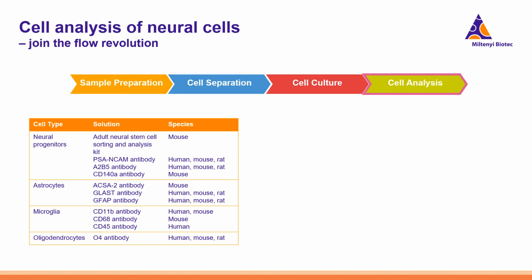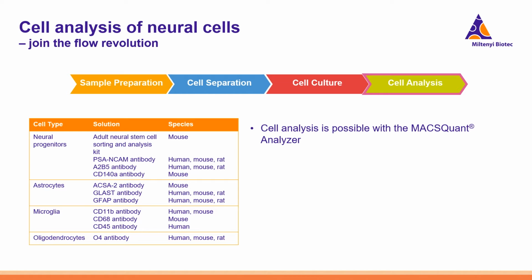And to boost your cultured cells, we offer a lot of high-quality cytokines for many different applications as well. If you then want to analyze your neural cells, we offer a variety of different antibodies for neural cell applications, which are suitable for IF stainings, for example, as well as for flow cytometry. For the analysis of your cells, we recommend the MACSQuant Analyzer.